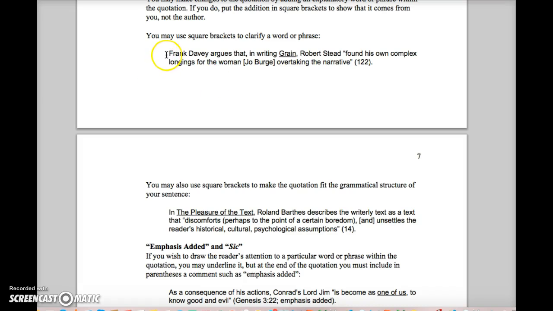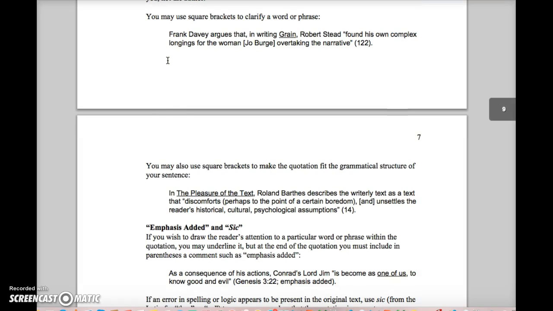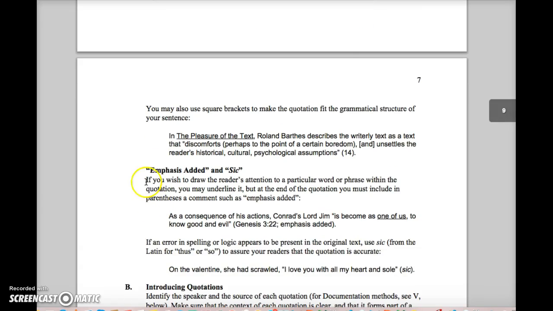And it's always a good idea to add the name of the author or whoever you are quoting. This is called a signal phrase. So Frank Davy argues, that's a signal phrase. So announcing who wrote the quotation or who the speaker is, the context in which it's being spoken.